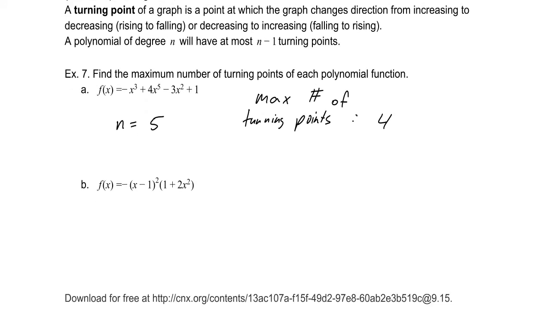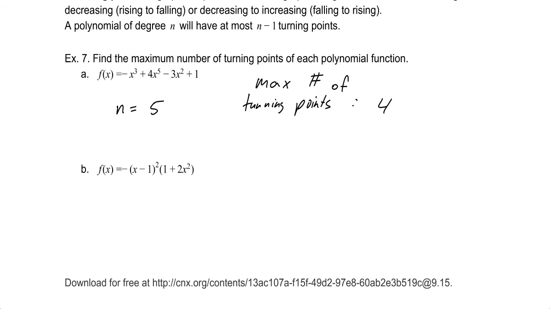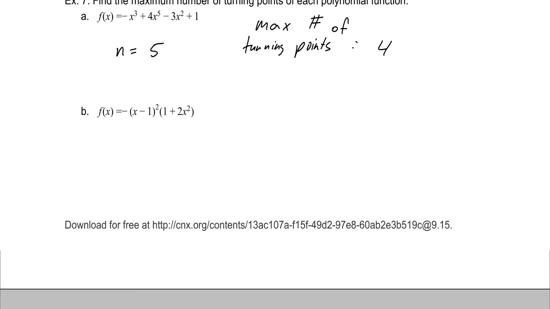All right. For part B, the degree is what we need to find first. Now think of our properties of exponents here. The first factor has a degree of 2. Our second also has a degree of 2.